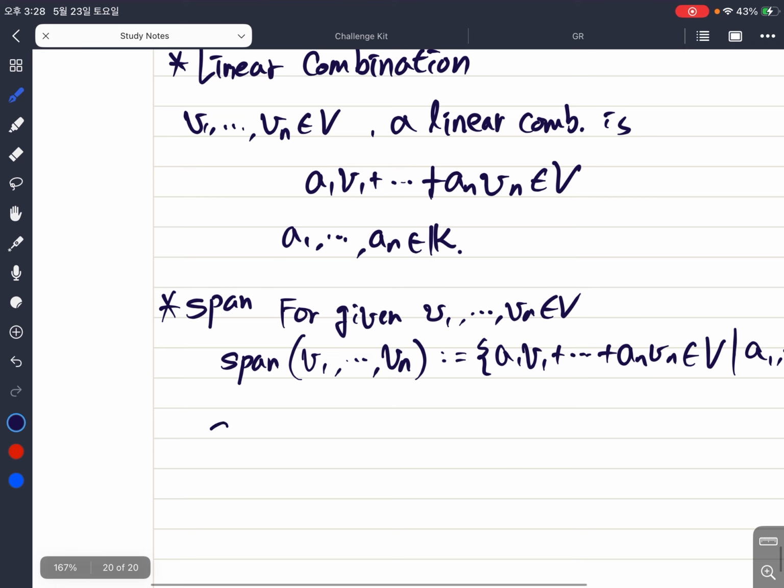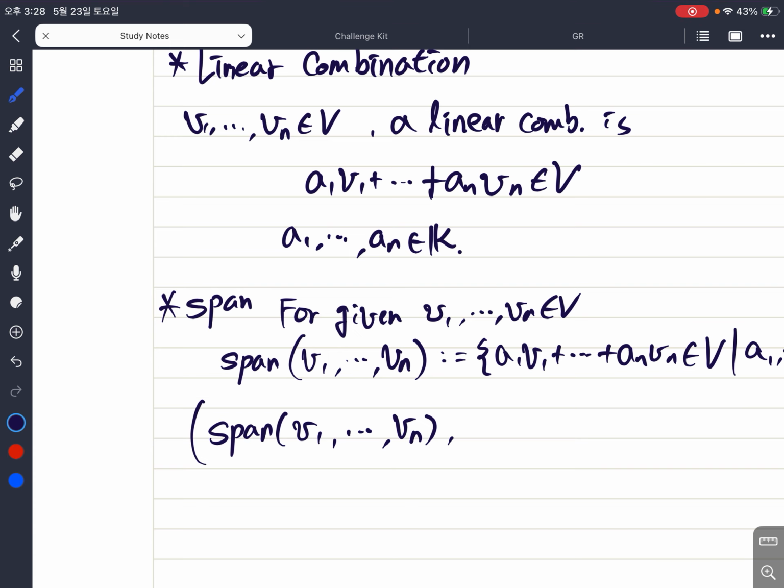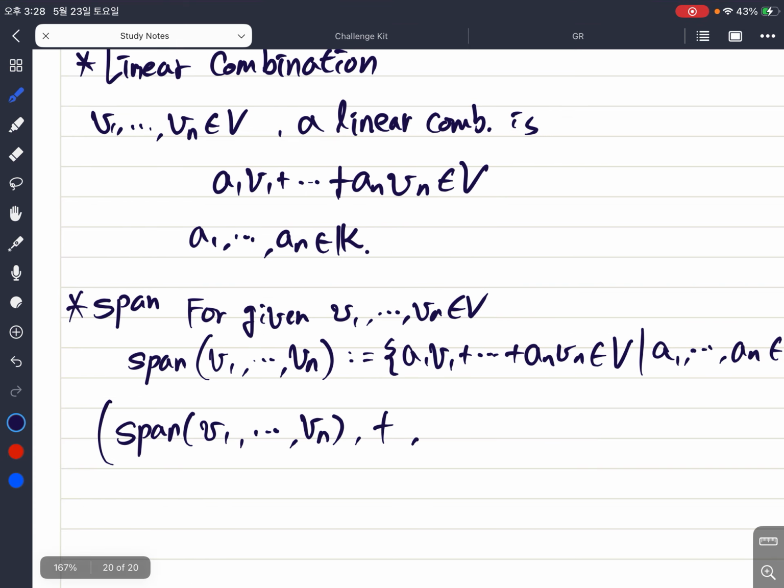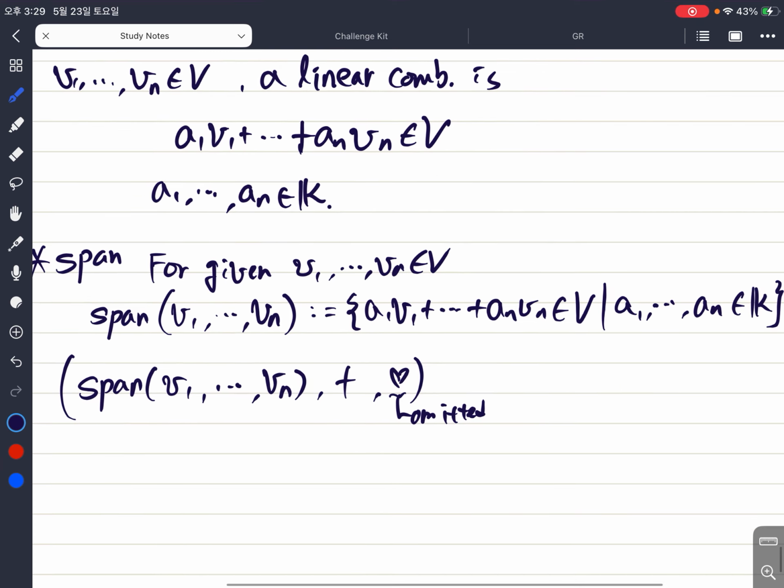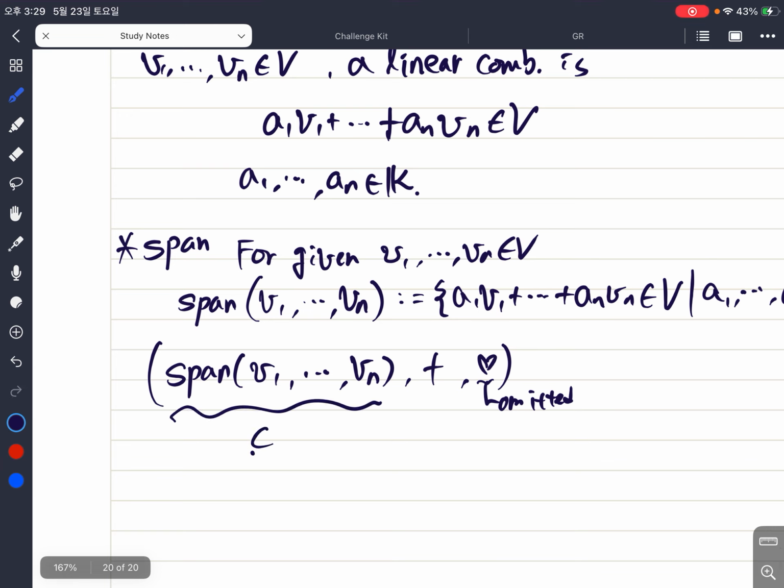And of course the span of v1, ..., vn, with normal addition and the omitted scalar multiplication, forms a vector space. So it is another way to define a vector space, and also this is a subset of V.